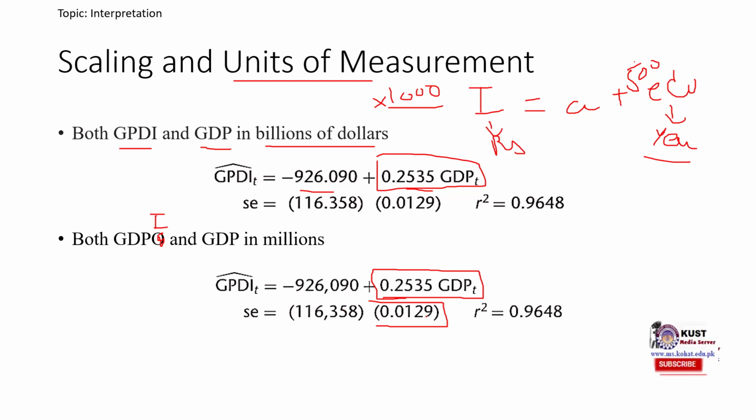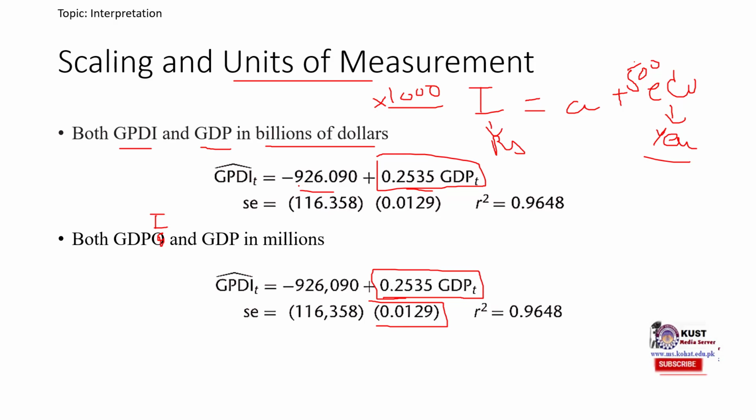But the beta coefficient would remain the same, and in its interpretation we would say that for every 1 million increase in the GDP, the GPDI, the gross private domestic investment, would increase by 0.25 million. So the interpretation of the coefficient remains the same, but the constant term would change, just the units would change.